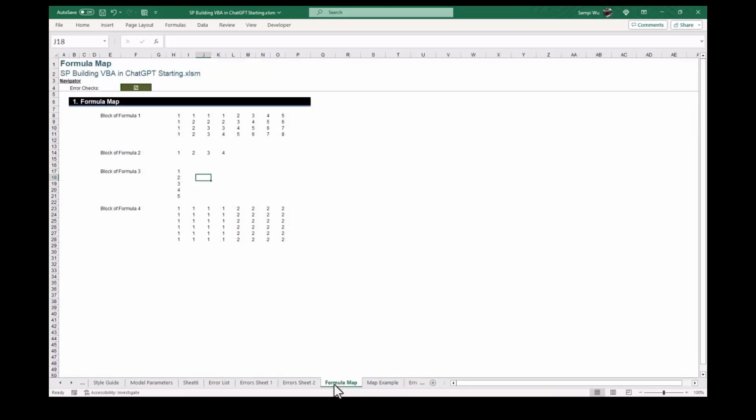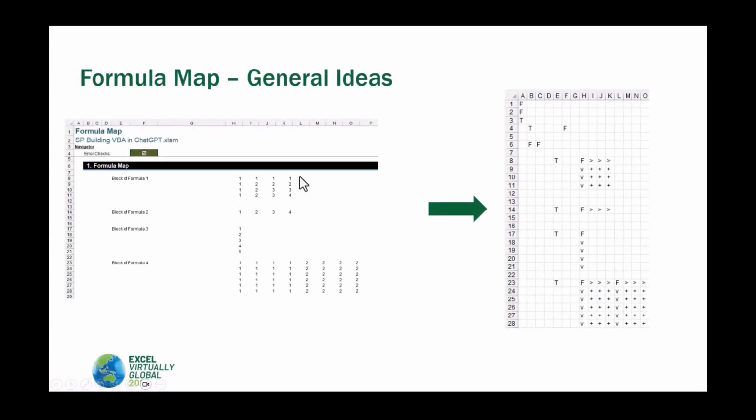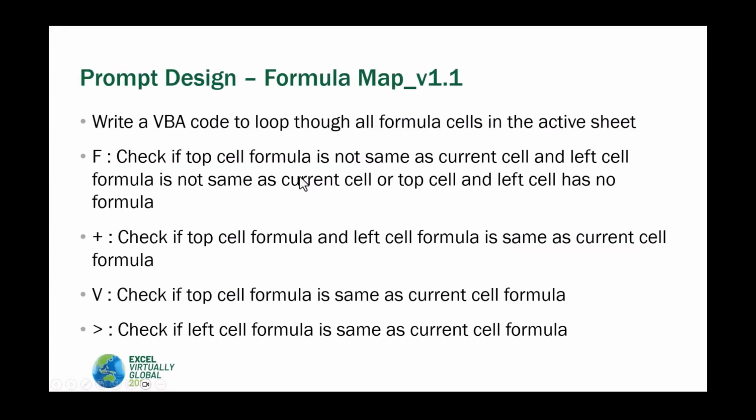So first things first, we are gonna duplicate a copy of this sheet, just in case it gets destroyed somehow when we run the VBA code. So let's go back. First we design this prompt a bit more detailed than the previous prompt.